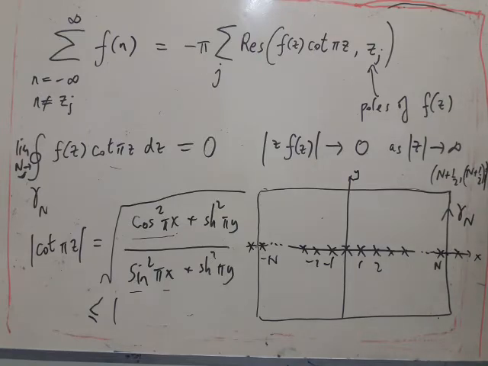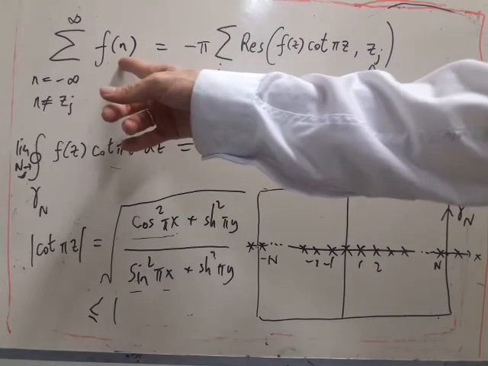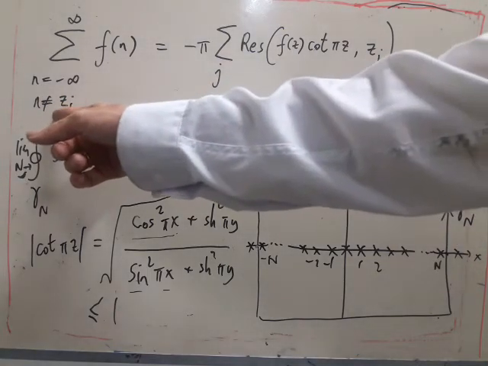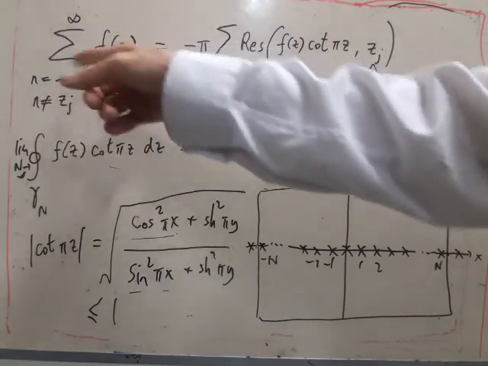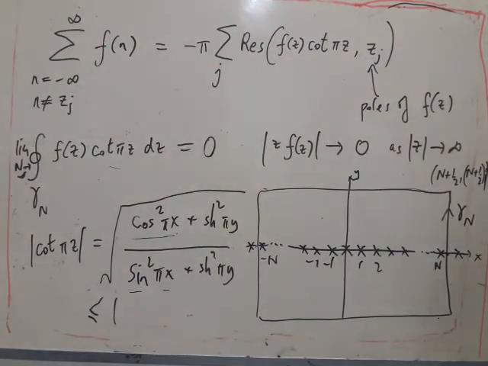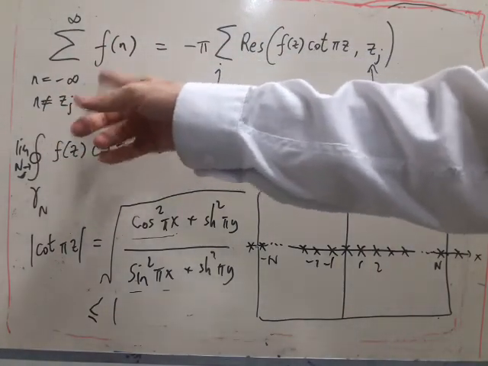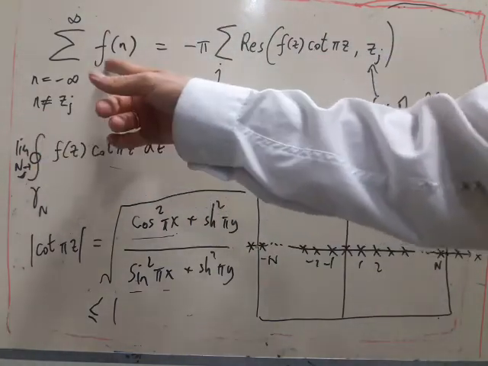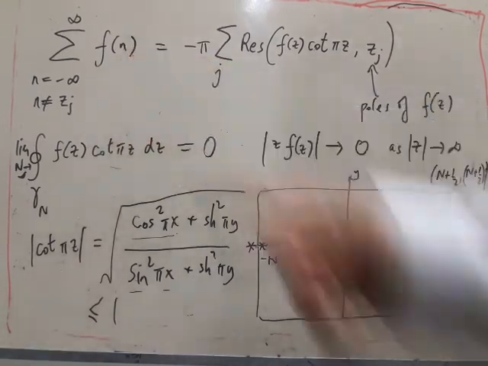So for example, if we had f of n was 1 over n squared, then we've got a pole at n equals 0. So we would not include the term n equals 0 in this sum, which makes sense, because if we did include it in the sum, then we would get an infinite value. So this is simply saying we don't want any infinite values of f in the sum.